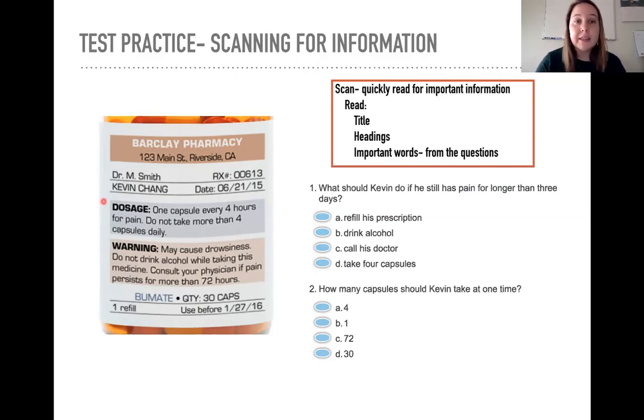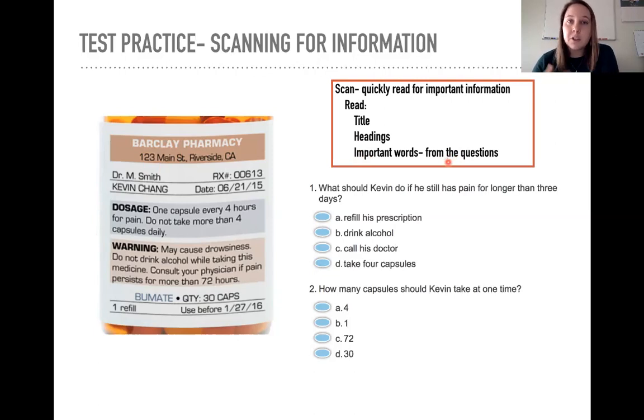So you didn't read that much. You just looked at the title and these two headings, but now you have an idea of where to find information. The last one says important words, and we get those important words from the questions.